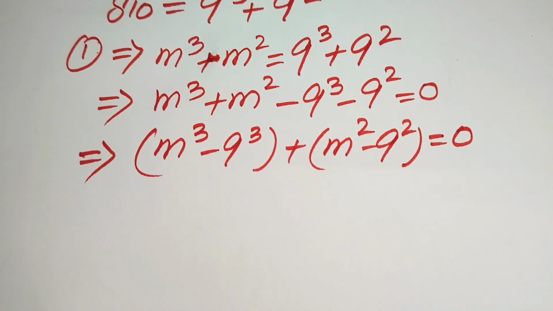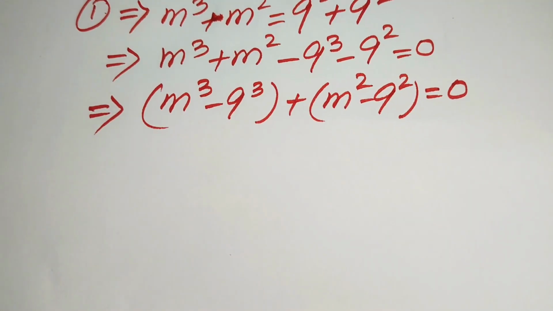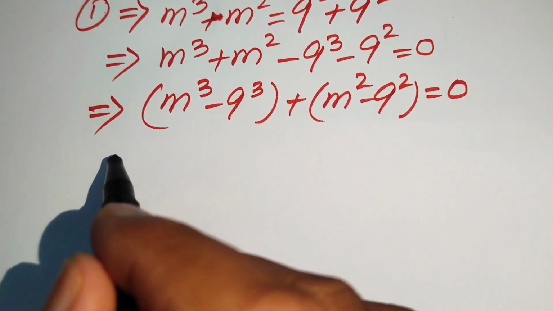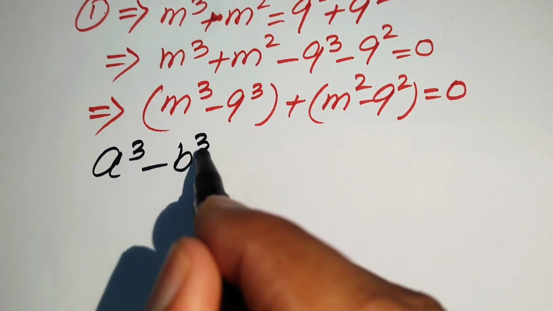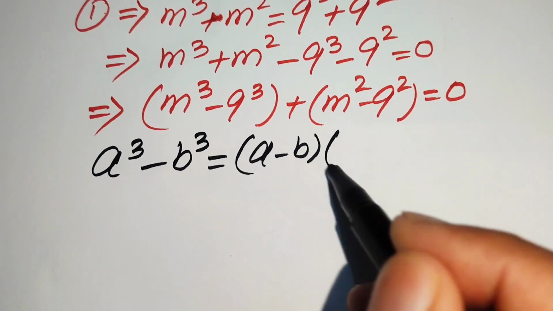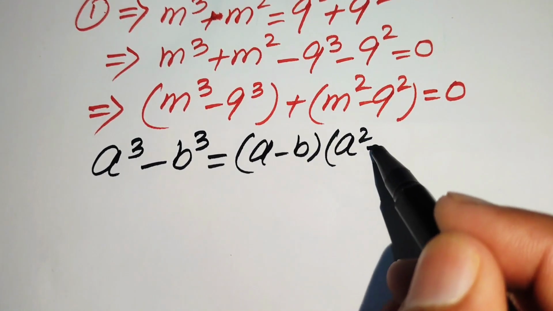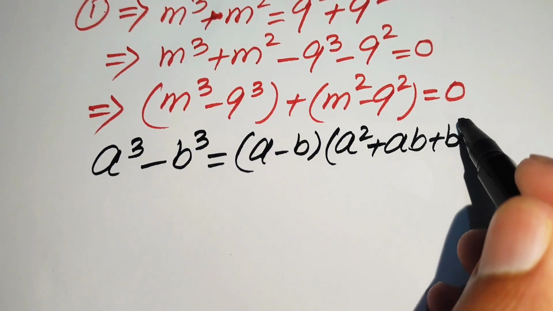And after this step here we need two nice formulas, one is the cubic and the other is the square formula. We know that a cubed minus b cubed equals a minus b times a square plus ab plus b square.